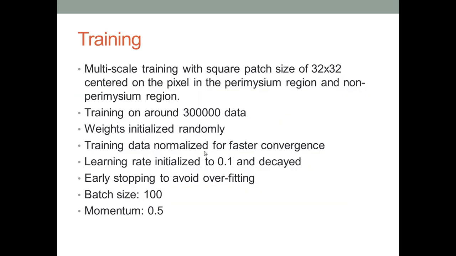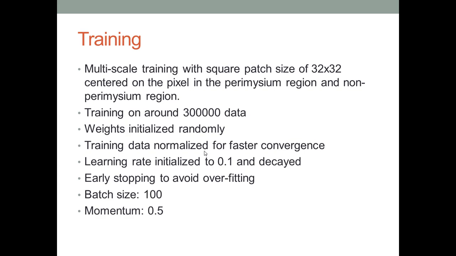For the training, since all the digitized specimens are scanned by a microscope at different scanning scales, to deal with that I trained my model with multi-scale training data.